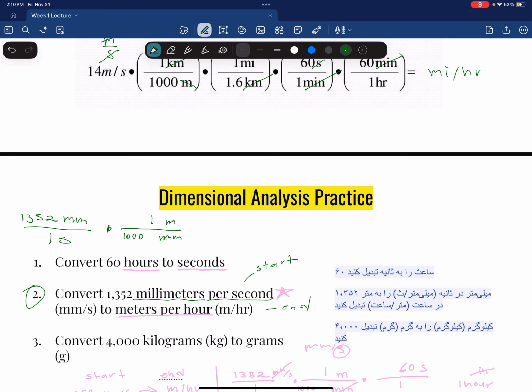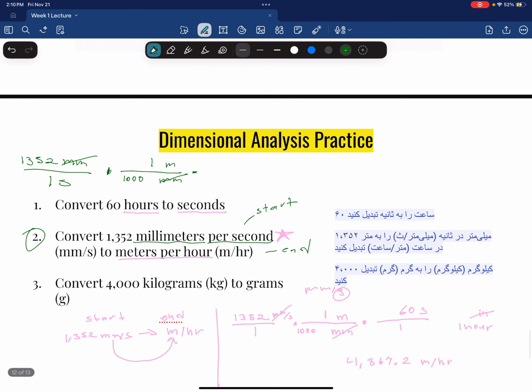We put meters at the top and millimeters at the bottom: 1 meter is equal to 1,000 millimeters. Then we get rid of millimeters and end up with meters, but we still don't have hours.